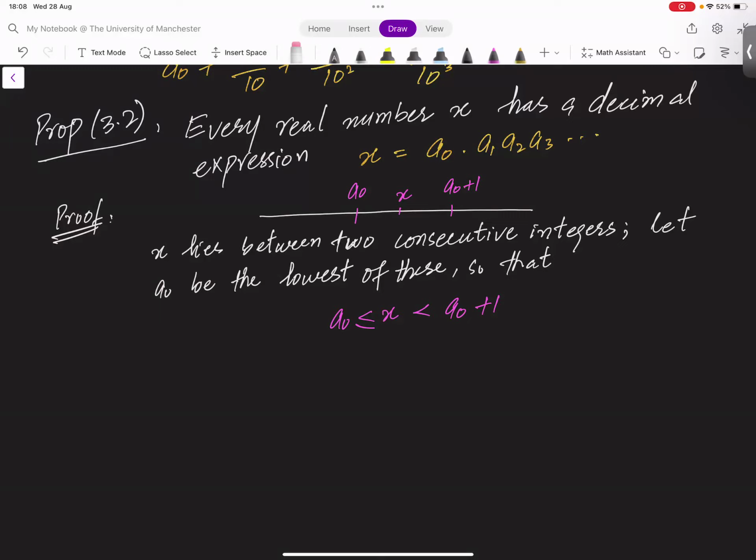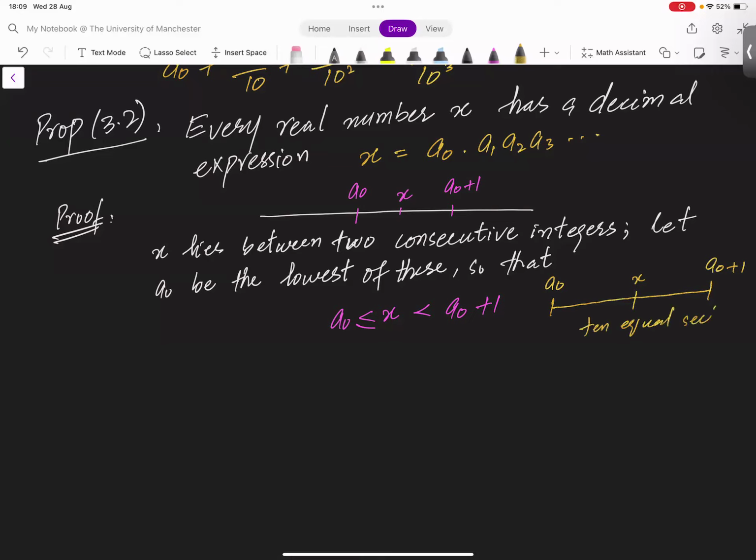Certainly x lies in one of these sections.